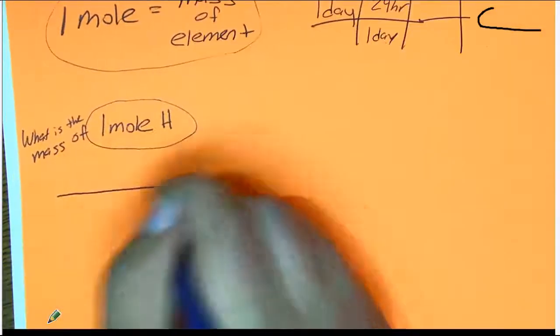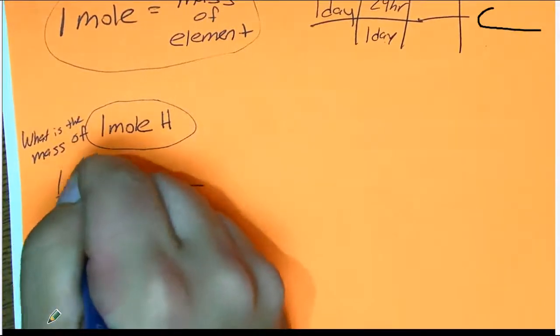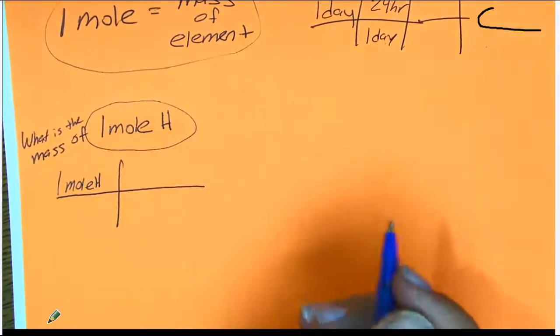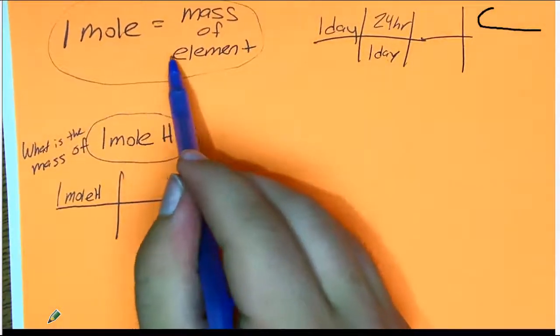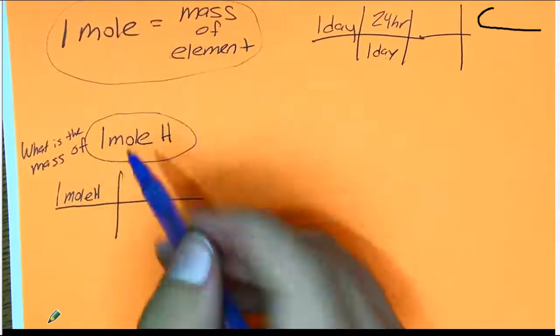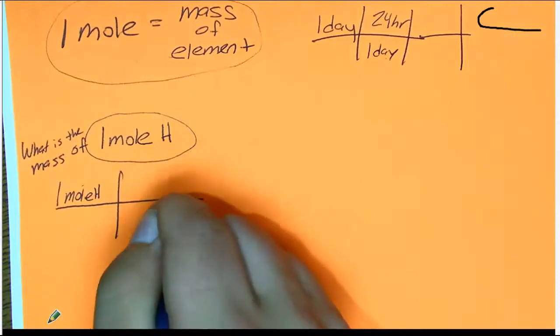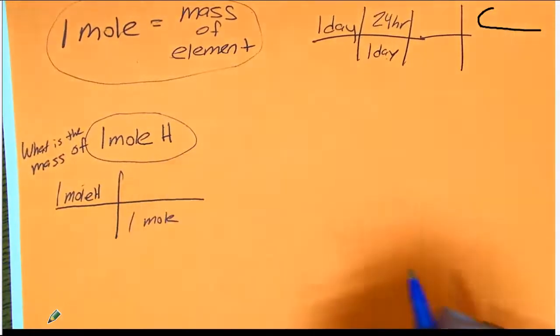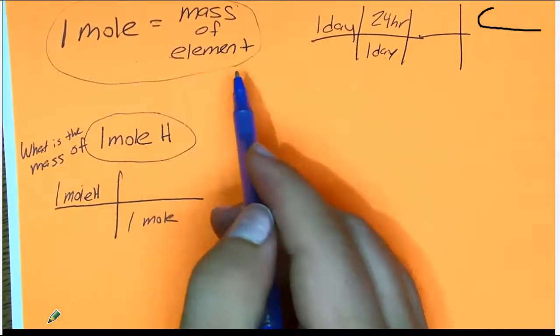So when drawing your railroad track, you're given 1 mole of hydrogen. Now I'm going to use this conversion factor up here. Since I have 1 mole on top, it has to go on the bottom, so I have 1 mole over the mass of the element.